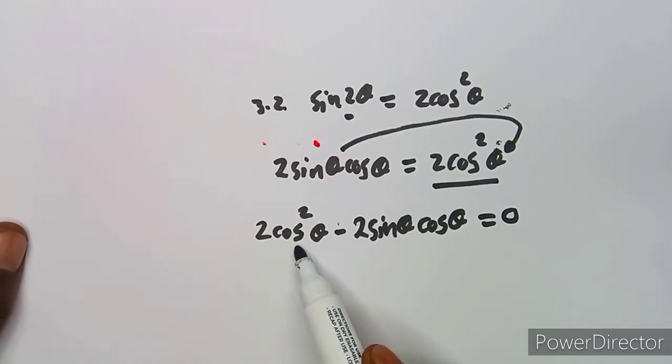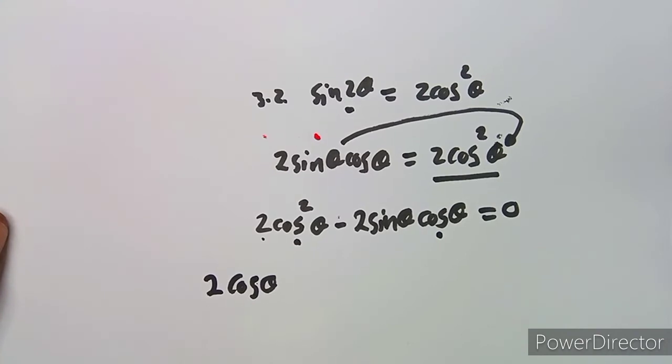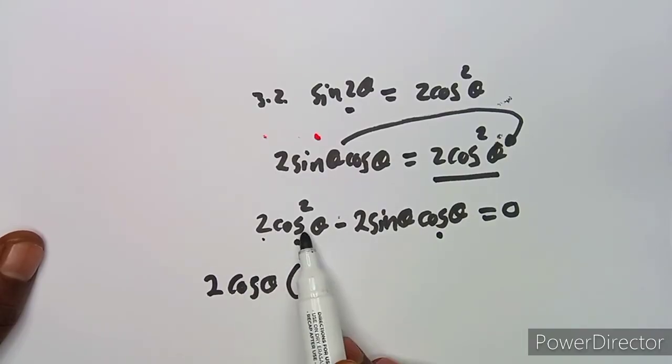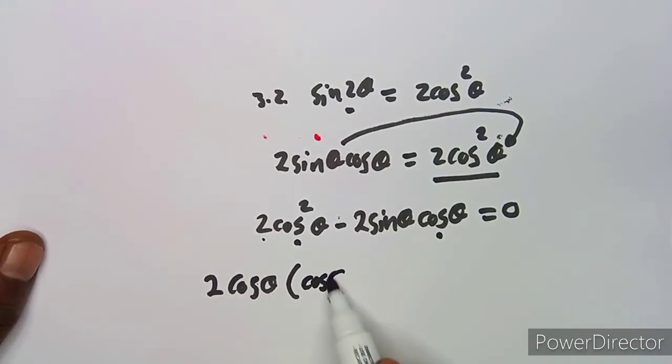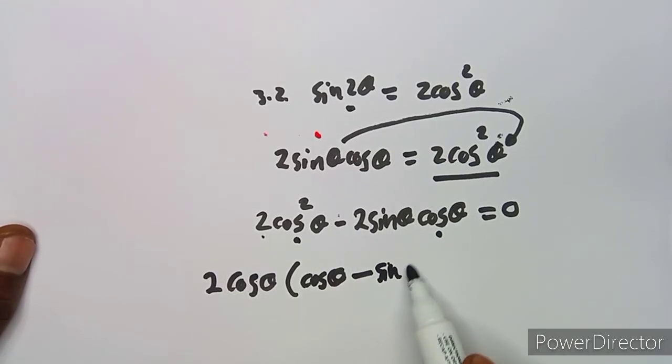Now, as you can see, cos is common, so we can factor it out. Also 2 is common, so you can factor out 2 cos theta, which gives us 2 cos squared theta divided by 2 cos theta. 2 and 2 cancel, cos and cos gives us cos theta, minus 2 cos theta times sine theta divided by 2 cos theta leaves sine theta, which is equivalent to 0.